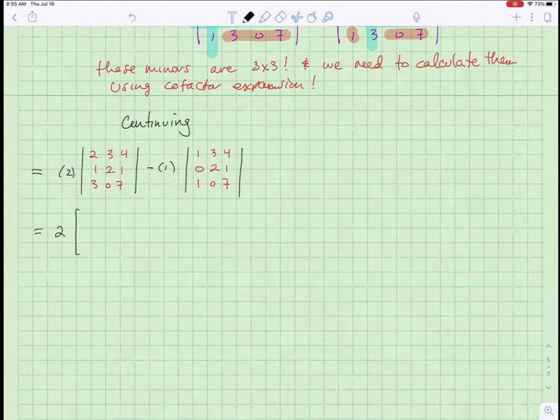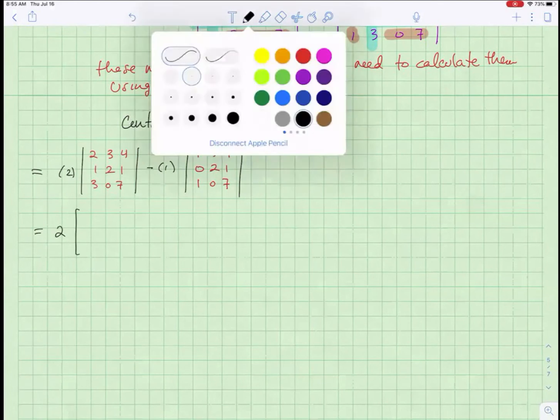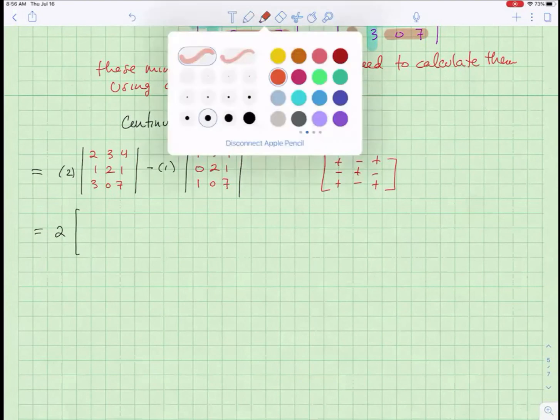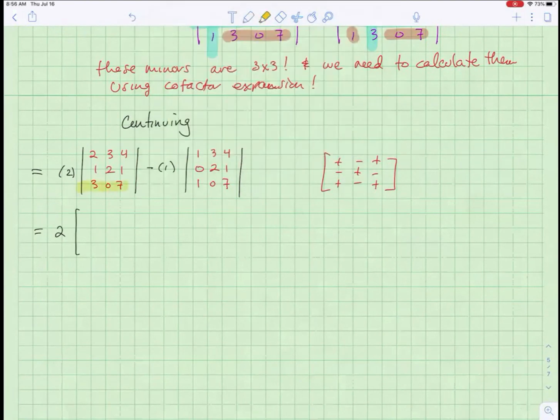Let's do a plus minus plus checkerboard that's 3x3, plus minus plus, minus plus minus, plus minus plus. And for our first determinant, you need to pick a row or a column. So what do you want to do? Row 3, row 3. Let's do row 3. So if we expand along row 3, we're going to have to use that plus minus plus combination.